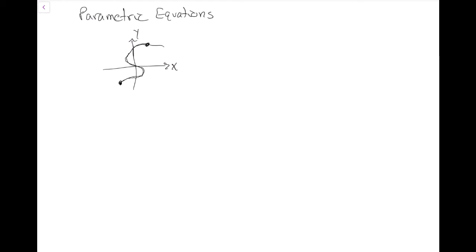So at any particular point XY in the plane, what we really want to think about is at what time did the bug reach that point. So we want to describe the x location as a function of time and the y location as a function of time as well. And this is what we call parametric equations.